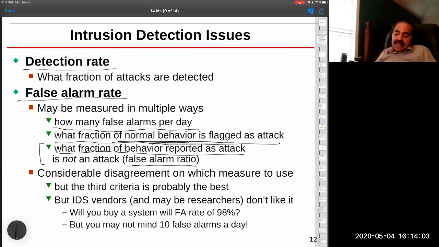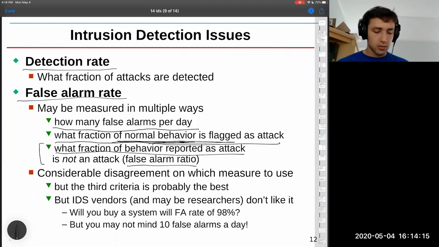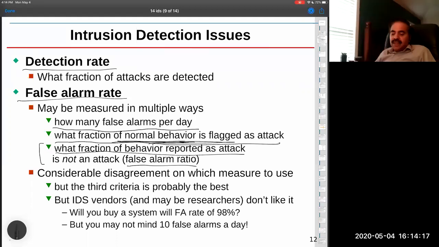The problem with that is that if you are an operator looking at these alarms, you get used to the fact that most of the alerts are false alarms, and so you tend not to pay much attention to them, and therefore it's easy to miss real attacks.